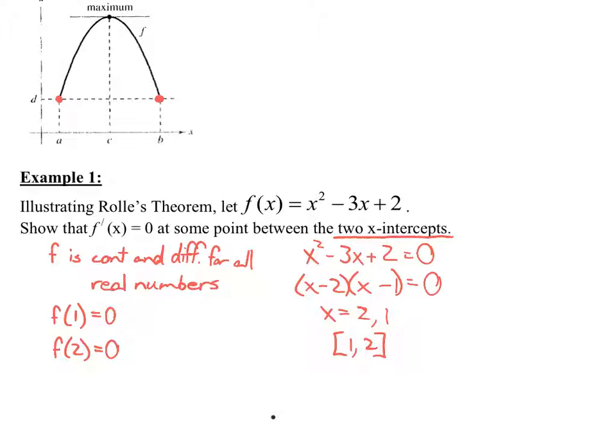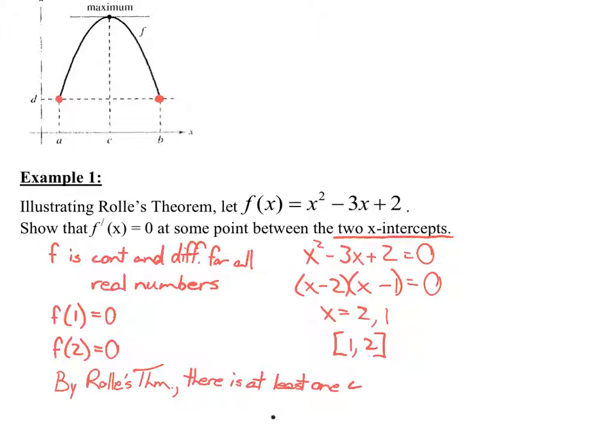So as a result, by Rolle's theorem, we can say there is at least one value, or we could say C to use the notation of the theorem.